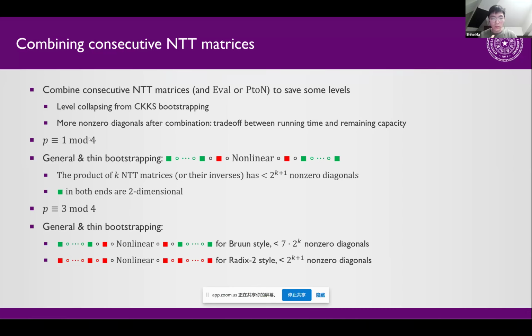And from now on, we'll use green blocks and red blocks to represent the combined NTT matrices. And so, as you can see, except in the case of Bluestein style decomposition with p equals 3 modulo 4, the number of diagonals of the product of K NTT matrices is no more than 2 to the power of K plus 1.